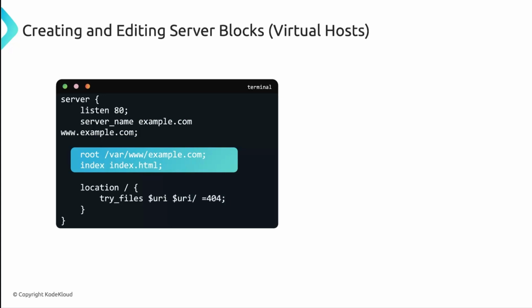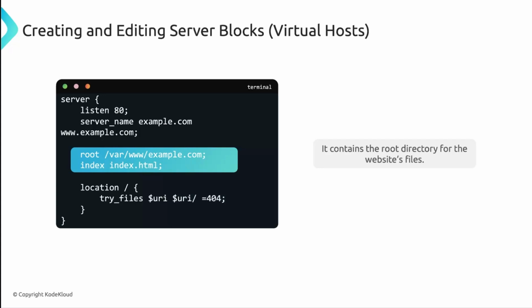Next is this root. This contains the directory for where the website's files would be. So in this case, it's /var/www/example.com. And this is really the default directory where Debian-based distributions would store it.